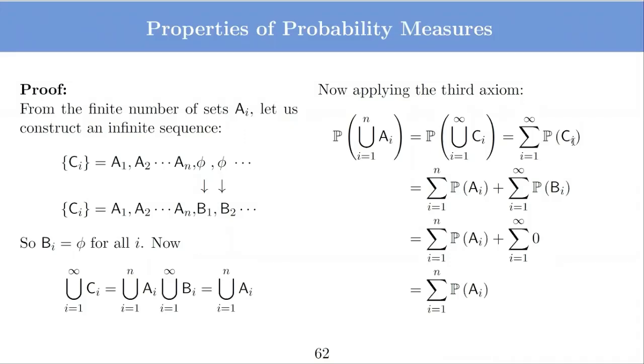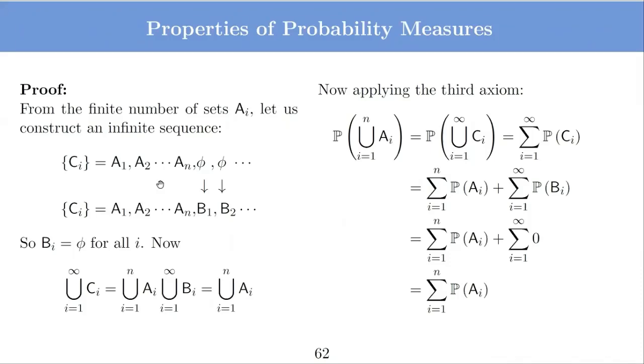One thing we still need to prove is that these Ci's are also disjoint, and that is not difficult. If you take Ai intersection with any other Ai, where the indices are less than n, then because the Ai's are disjoint, the intersection will be empty. If you take the intersection of any sets Bi and Bj, then it is phi intersection phi, which is phi itself.